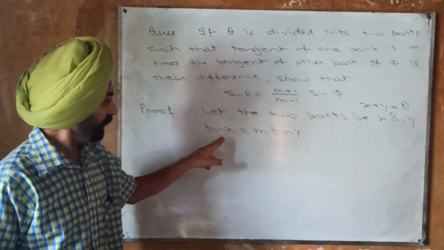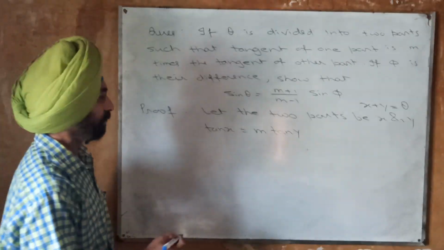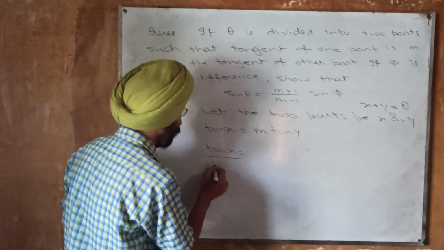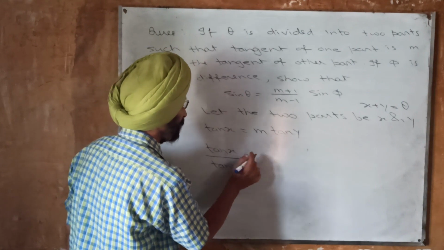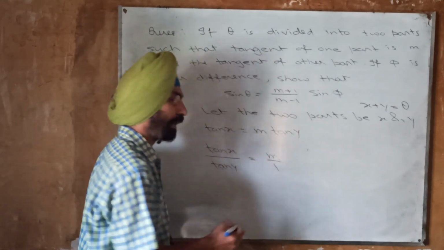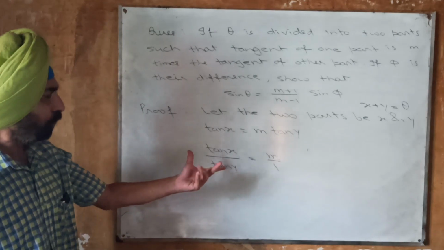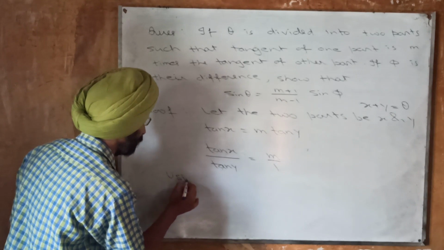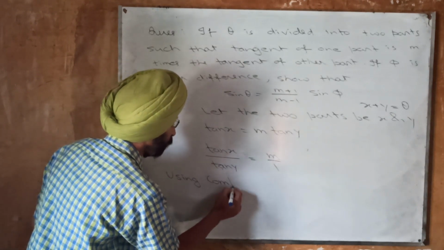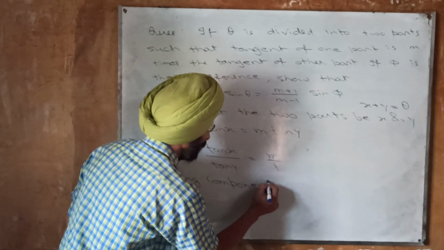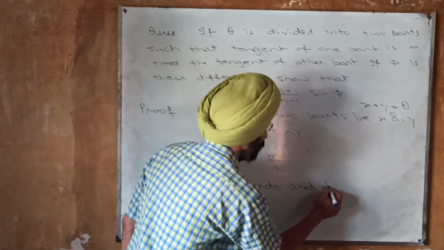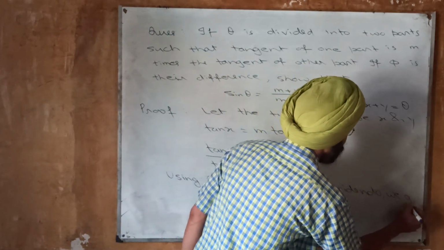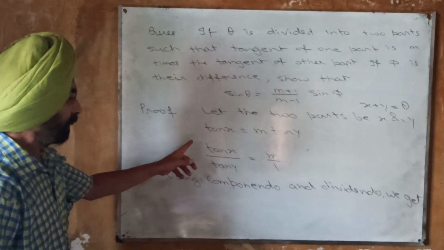So now take tan y to the denominator of the left hand side. We can write tan x upon tan y is equal to m upon 1. And now we will use componendo and dividendo. Using componendo and dividendo, what do we get?